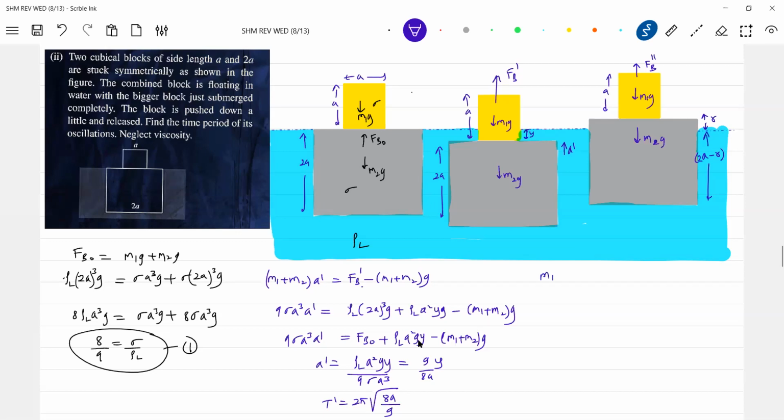So now the next part of the problem. M1 plus M2 together. What FB double dash should I write? Rho L two A cube, plus minus negative, no? I should subtract. 4, sir.